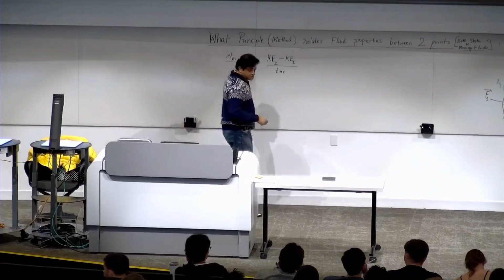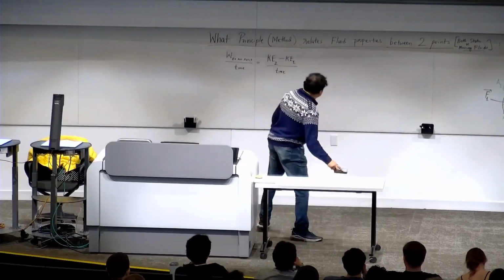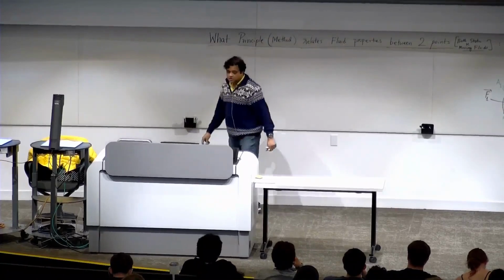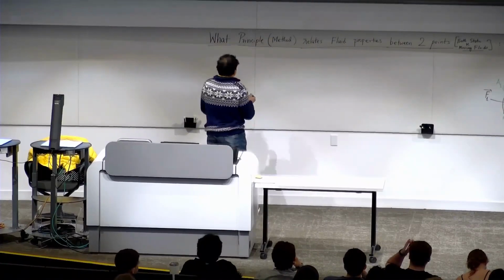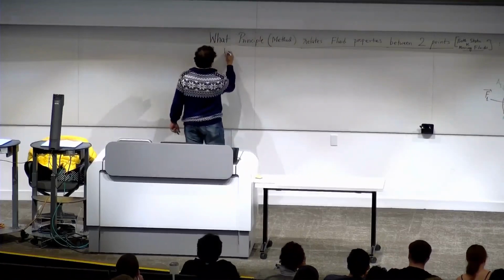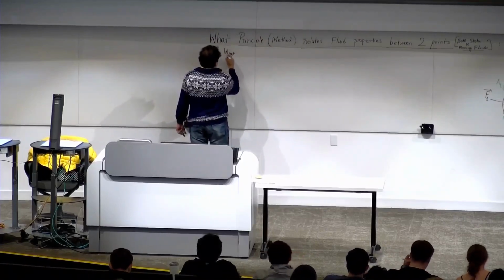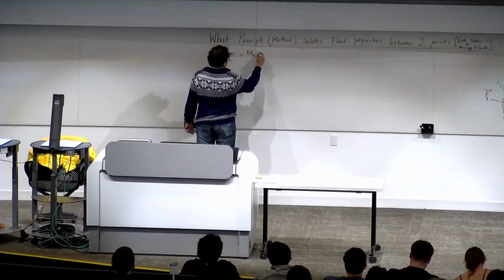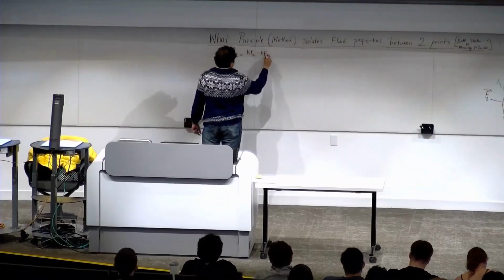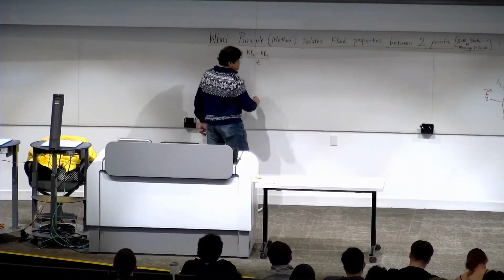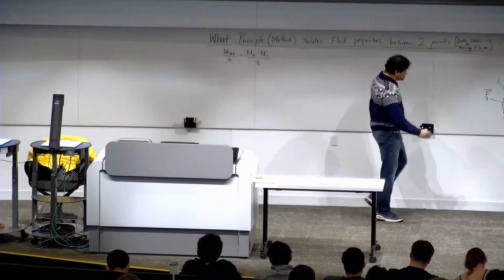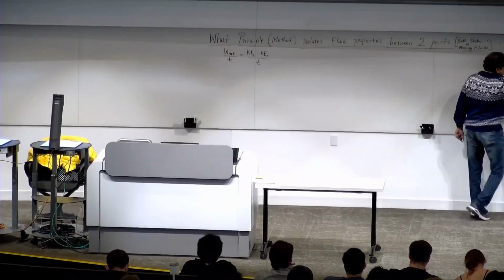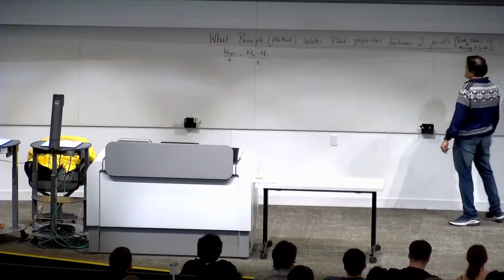But perhaps I can change this a bit and write: work net over time is KE2 minus KE1 over time. When we do that we should mark the 2 points like we did over here, point number 1 and point number 2, and so we have these 2 points over there.